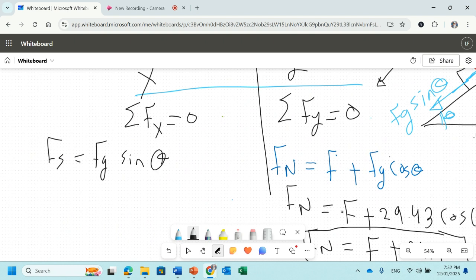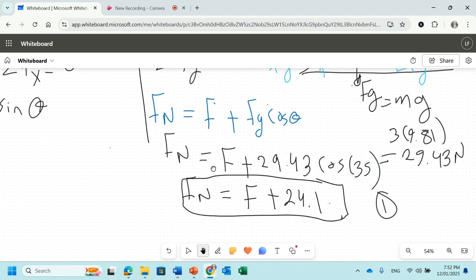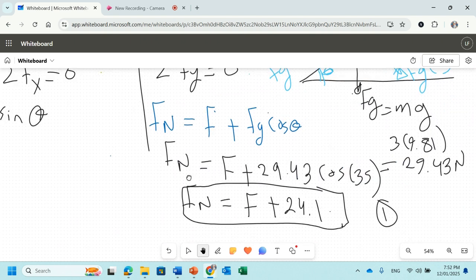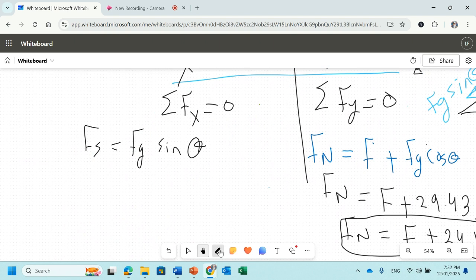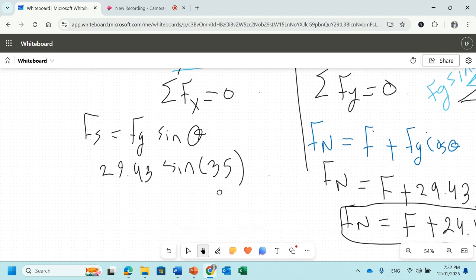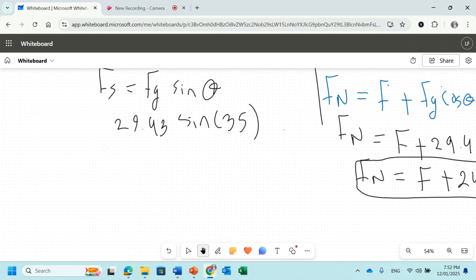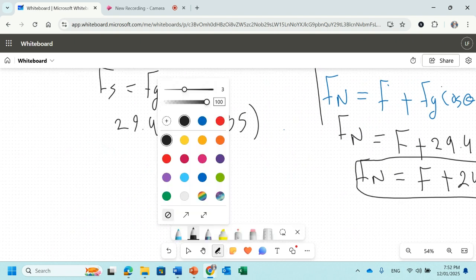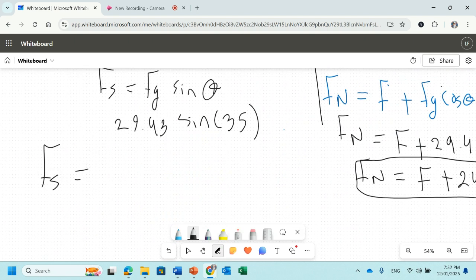Fg is 29.43 sine 35. Okay, and this will equal, so Fs equals 16.88 in Newton.